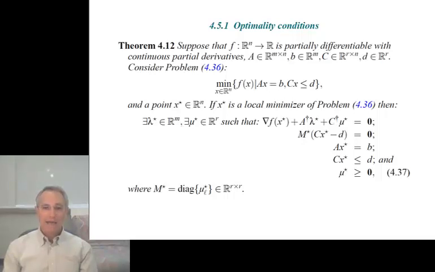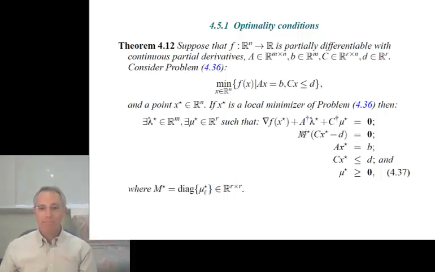By the way, that capital letter there is capital mu, and I'll mention a notational device. Whenever I've got a vector, in this case mu, denoted by a lowercase letter, I will use the corresponding uppercase letter to represent a diagonal matrix, that is to say a matrix with zeros everywhere except its diagonals, and its diagonal entries are the entries of the vector mu.